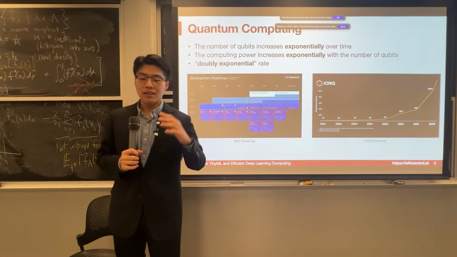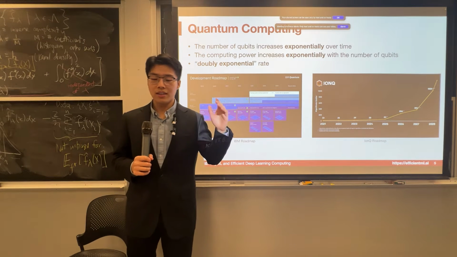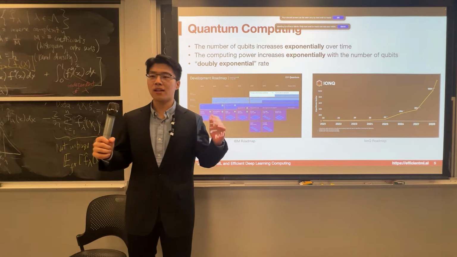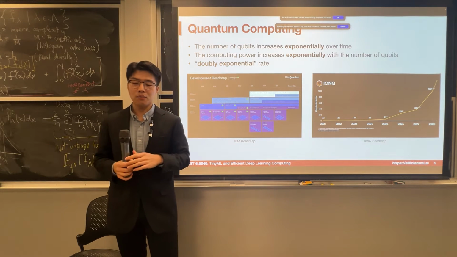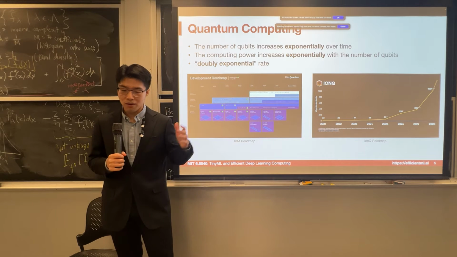Another layer of exponential increase comes from the computing power of the qubits. As long as we have n qubits, we actually have a space with a size of 2 to the power of the number of qubits.